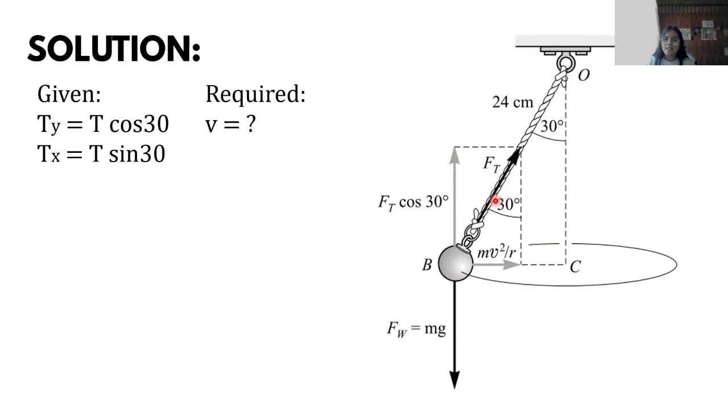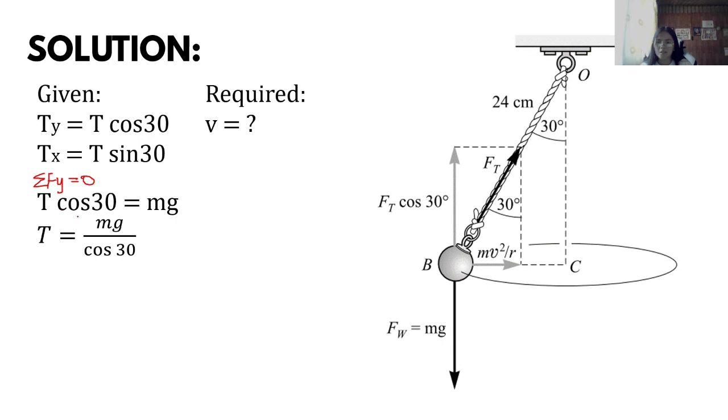So, required natin ay ang linear velocity. So, dito, kapag mag-FBD kayo, I mean, magsa-summation forces kayo, summation forces vertical is equal to 0. T cosine 30, ito yan, ay equal lang sa weight, which is the mass times gravity.